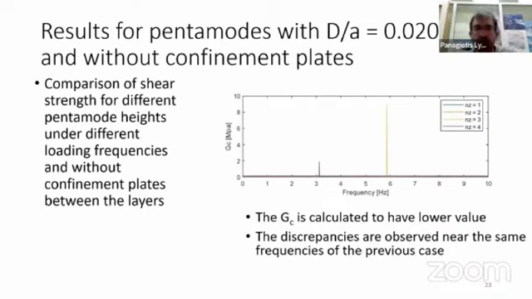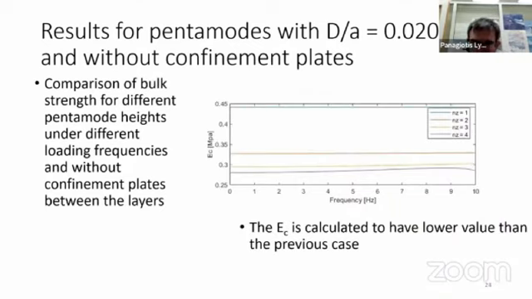And now for a thinner Pentamode, as you can see, the values for the shear strength are lower than previously, and we see more discrepancies than in the previous case. And these are the results for the bulk modulus.